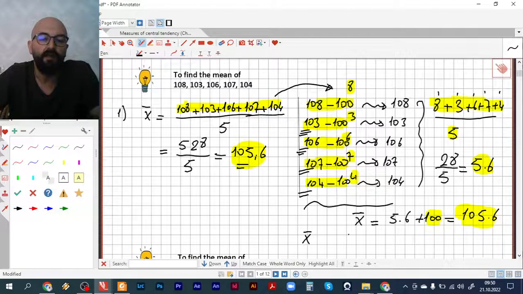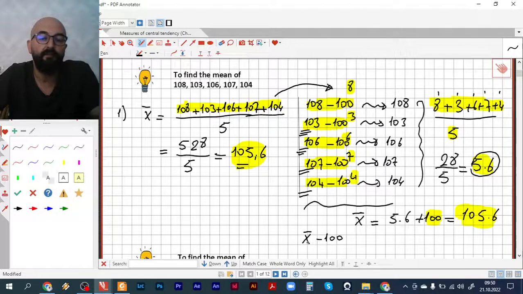So this number is the mean minus 100, because we subtracted 100 from all data. So we found 100 less than the mean.